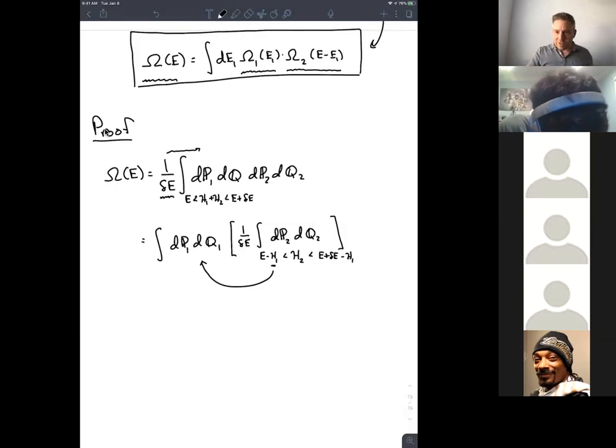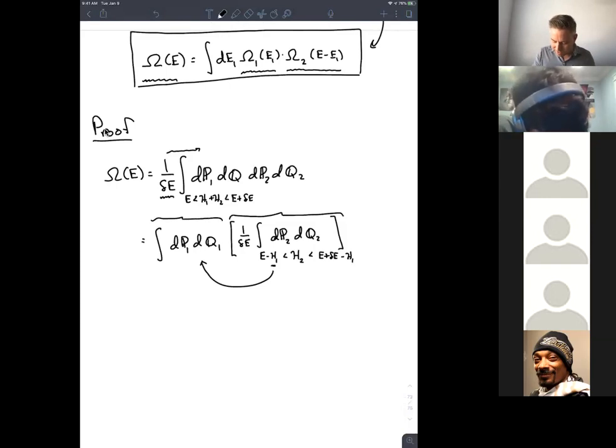Now, for the integral over the first subsystem. This integral is just over subsystem 2, and this part of the integral is just over subsystem 1. I'm going to allow subsystem 1 to take on whatever energy it wants, so this can go anywhere from 0 to whatever the fixed total amount of our energy is.